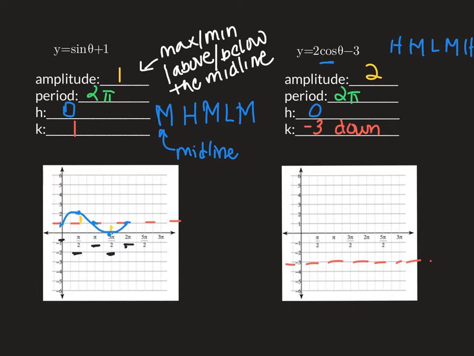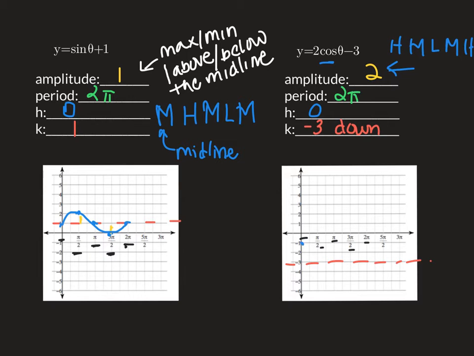Okay? But high is 2 above the midline. So when I go to sketch this graph, the period is 2 pi, but I haven't shifted it anywhere, so it's the same 5 numbers I used before: the 0, the pi over 2, the pi, the 3 pi over 2, and the 2 pi. Those are my 5 numbers because the period hasn't changed. So when I go high, middle, high, I'm going to start 2 above my midline.